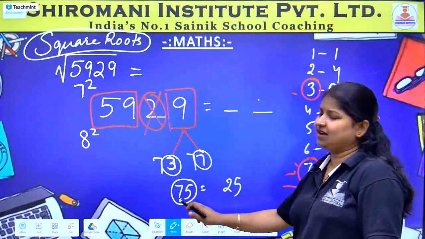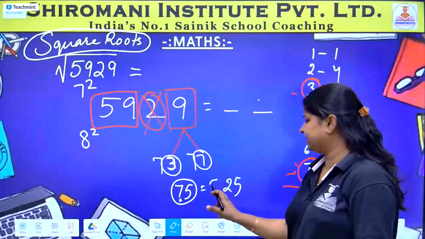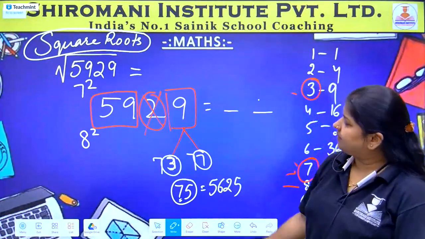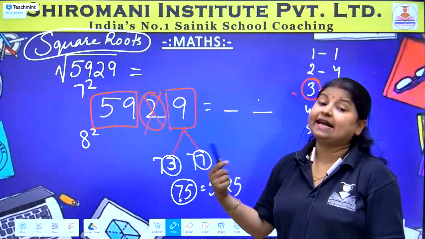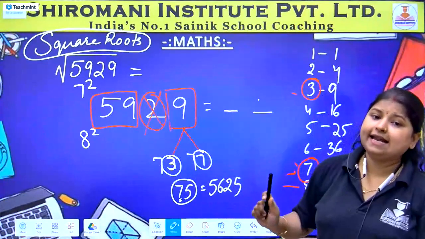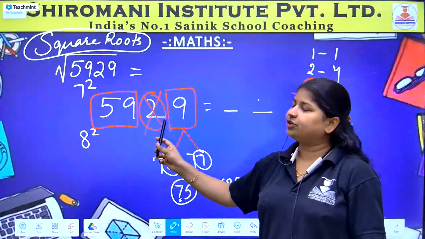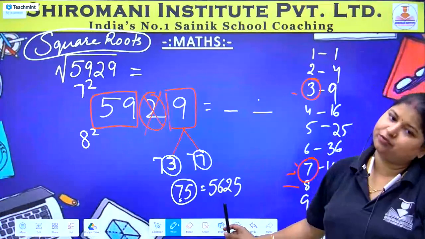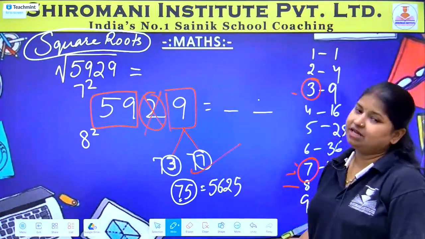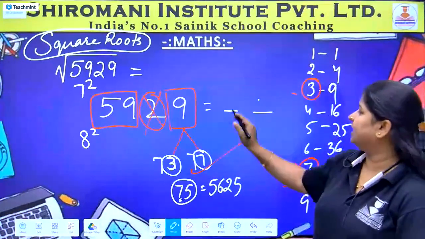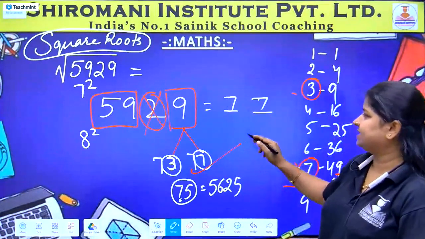And here we have 7, 7 into 8 is 56. Now see, your question is greater or less. 5929 is greater than 5625. That means the greater digit is your answer, that is 77.